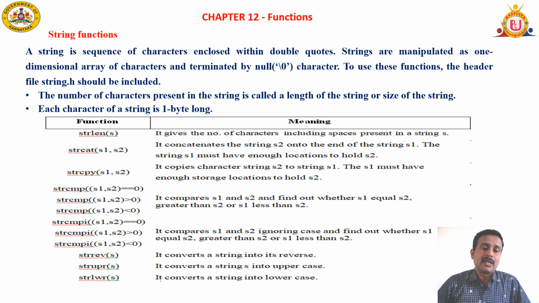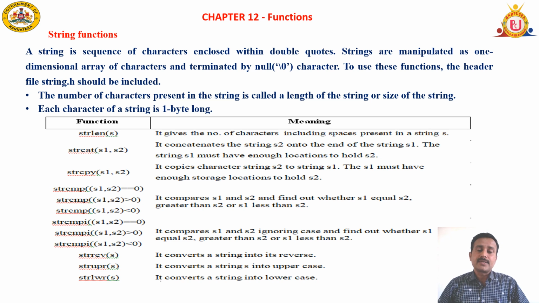Next function is strcmp. See, strcmp is a function which is used to compare two strings. This function compares the two strings by considering the case difference. That is very important, students.